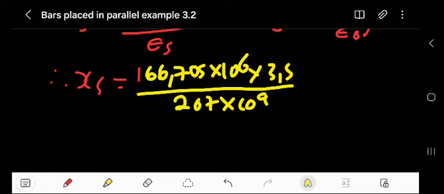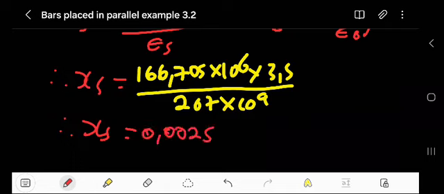If you punch this in, the change in length simply equals 0.002819 meter.